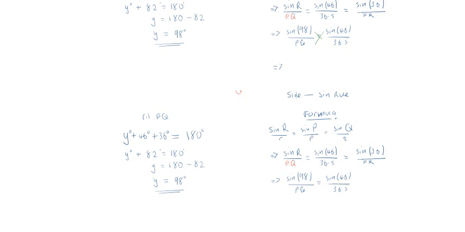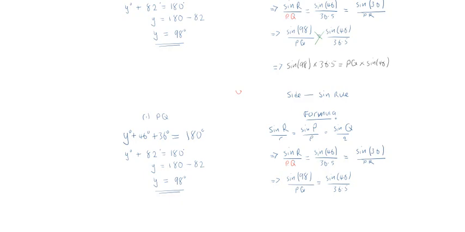So I have sine 98 multiplied by 36.5, and then PQ multiplied by sine 46.